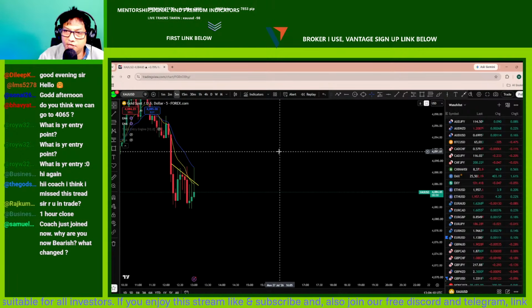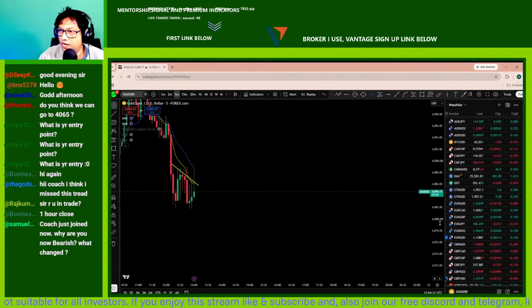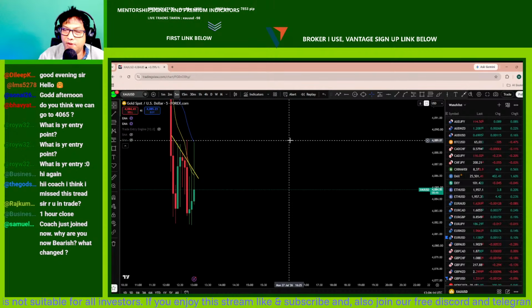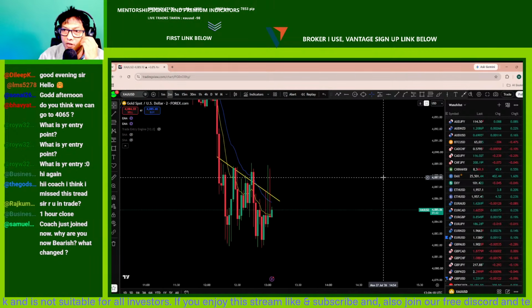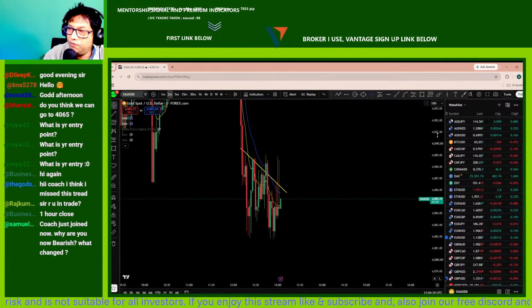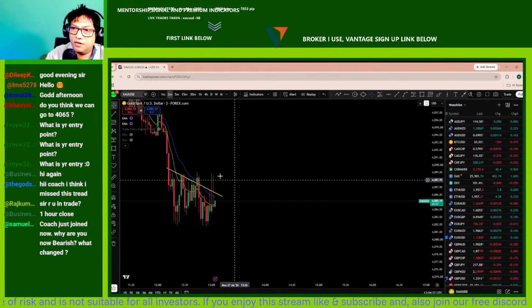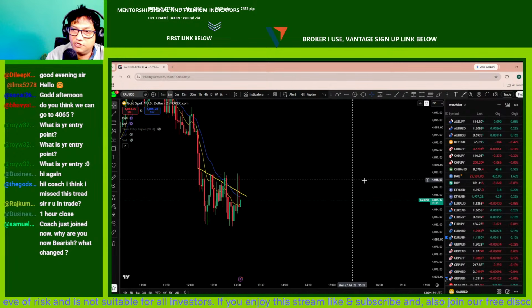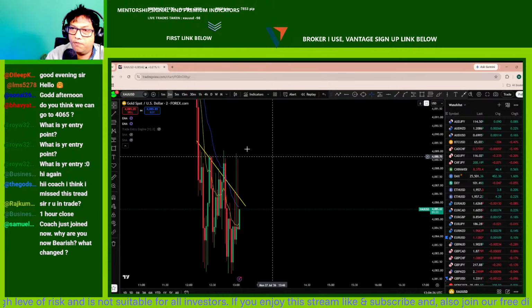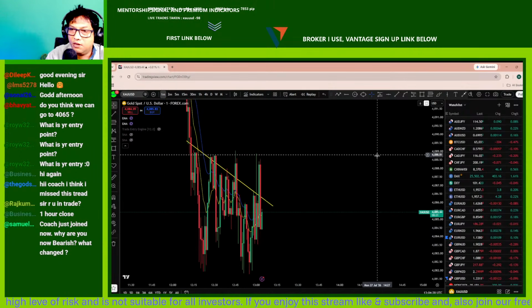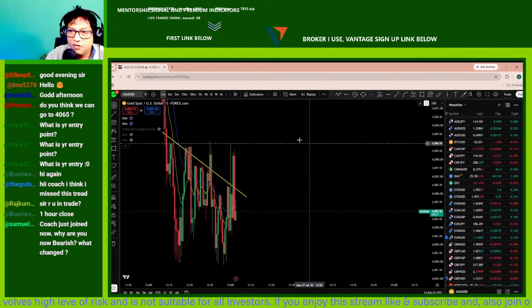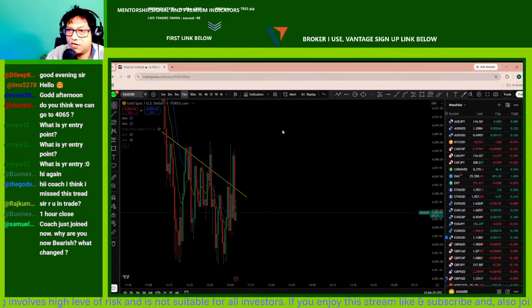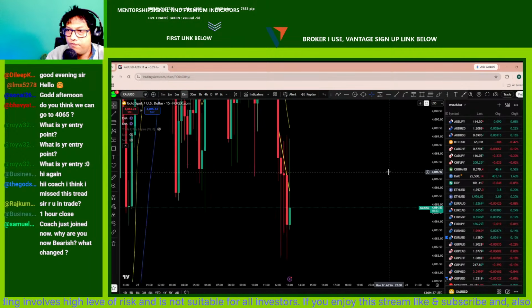Not sure why the market is trading like that, but let's see why the market has got confused here. Potentially it could be a deeper liquidity sweep. Usually the market doesn't show this kind of price action. What do you think it could be? Is there any breaking news around? I think the market got a little confused here.